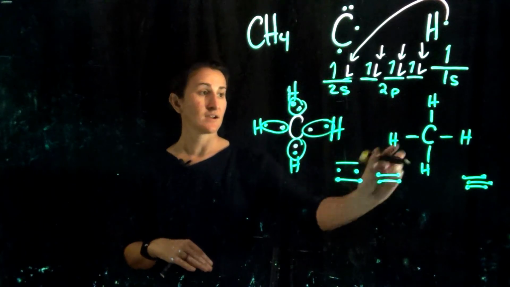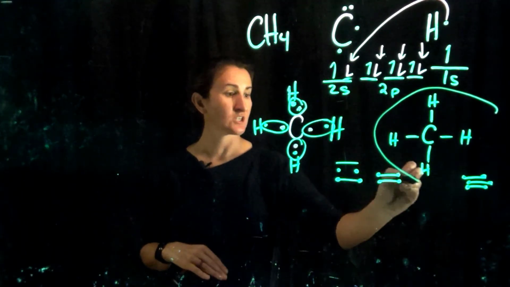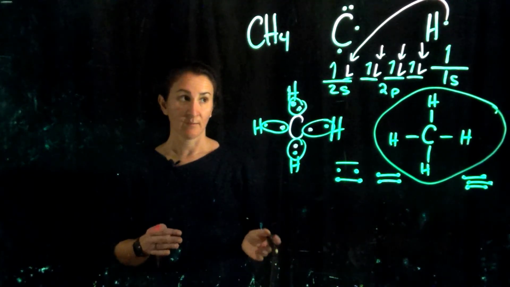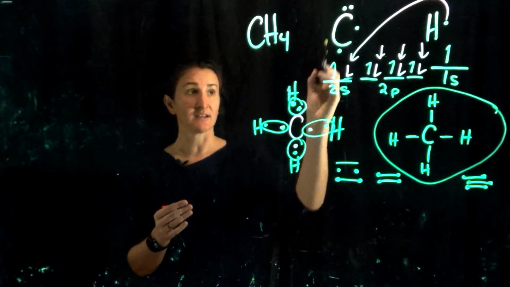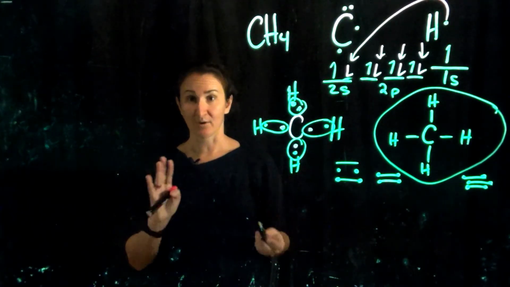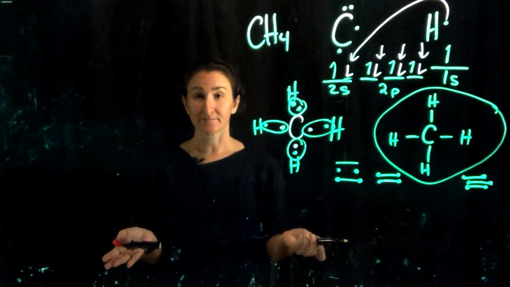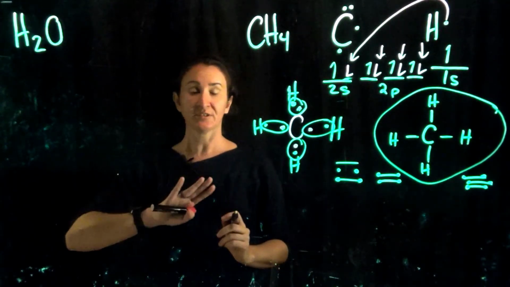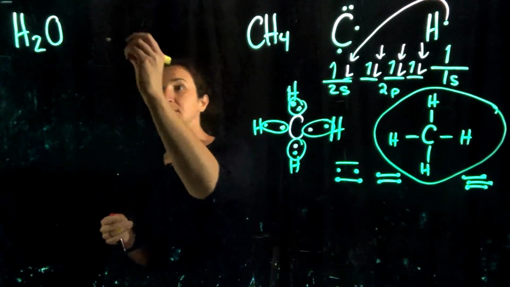Okay, so here is the final Lewis structure for methane gas, CH4. But in order to get there, how you think about it is, how many electrons do I have around each atom, and then combine them all together. Let's do water as another example. So this is water. Let's draw the Lewis structure for each of the elements.